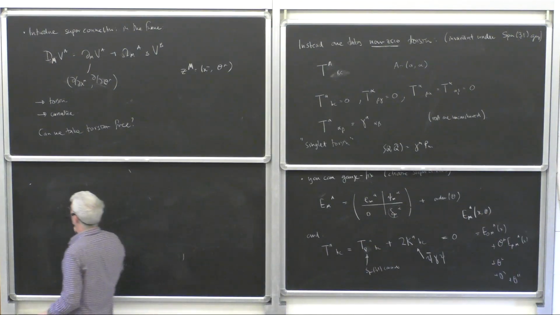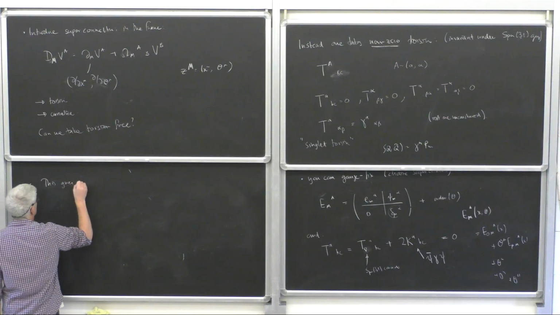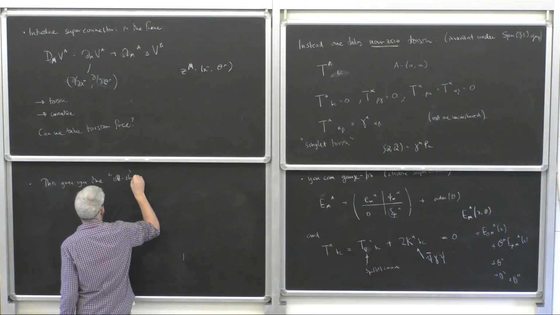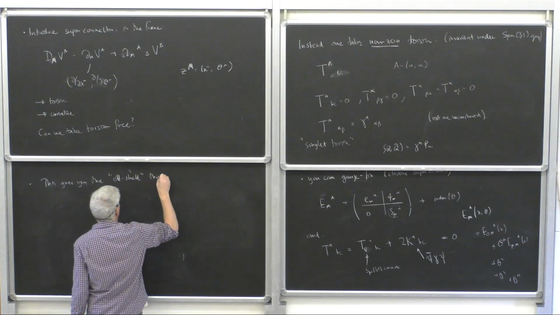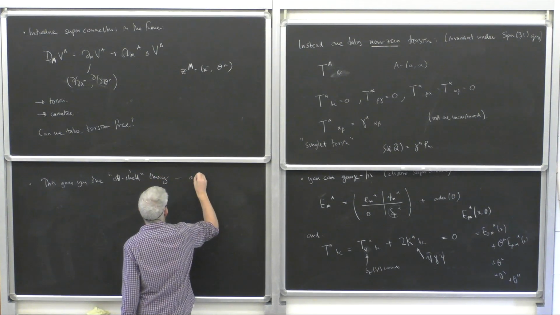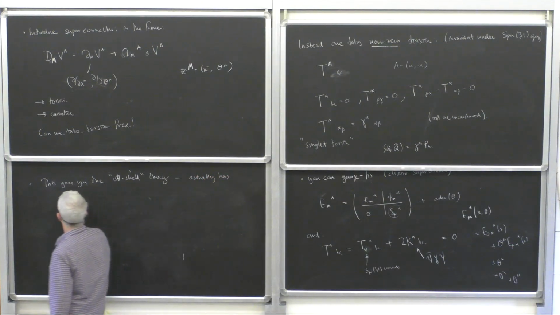Just wanted to say that this gives you the off-shell theory. So it actually has auxiliary fields.